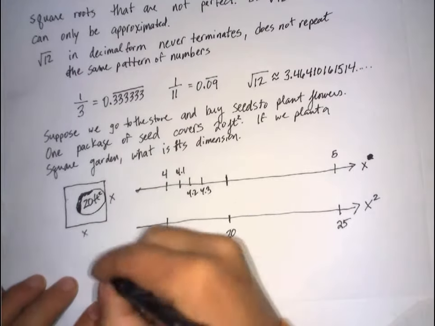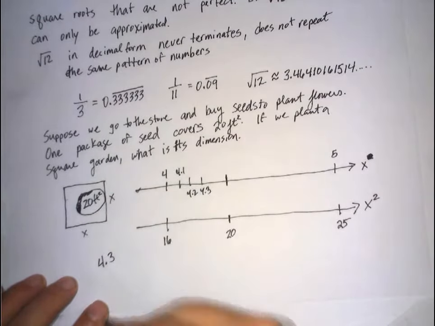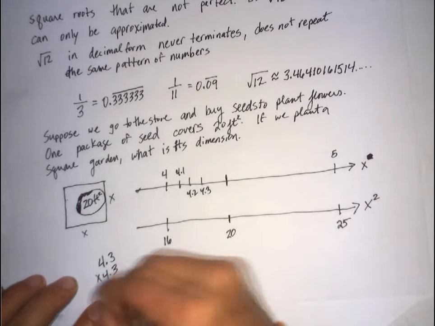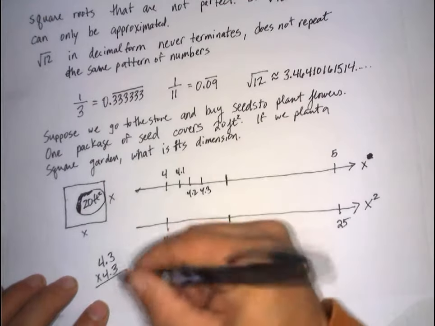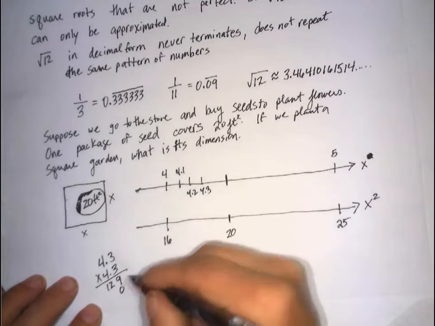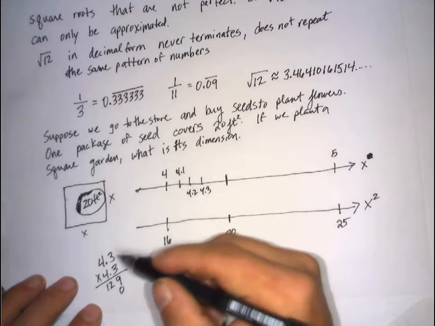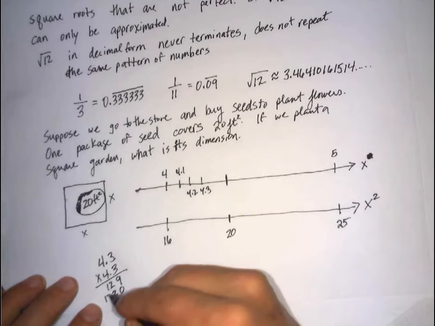If we do 4.3 squared, that's 4.3 times 4.3. We want to see where it is on this scale, if we're higher than 20 or not.